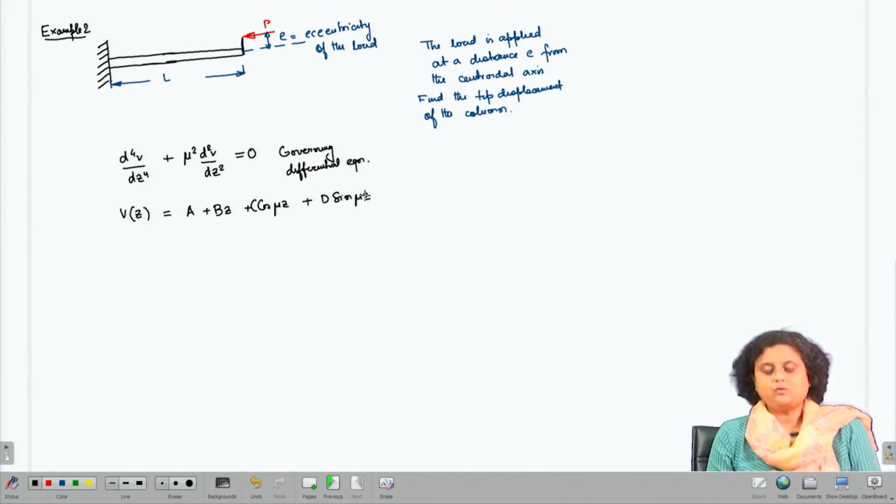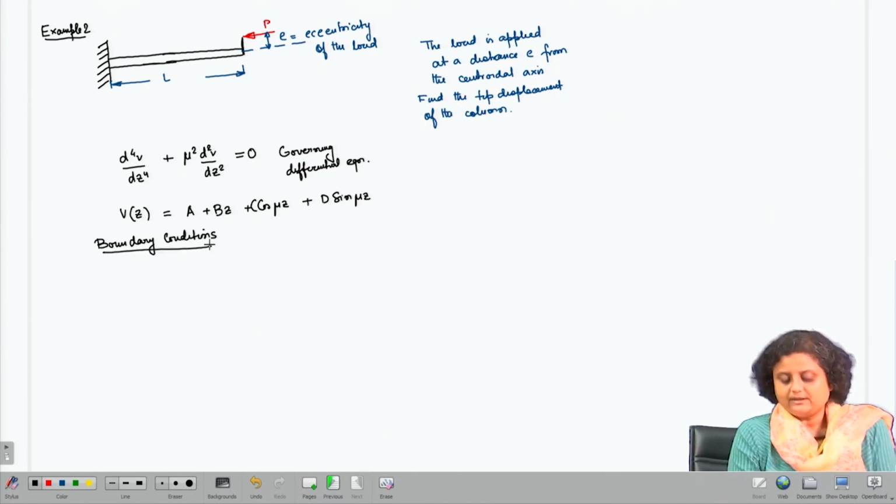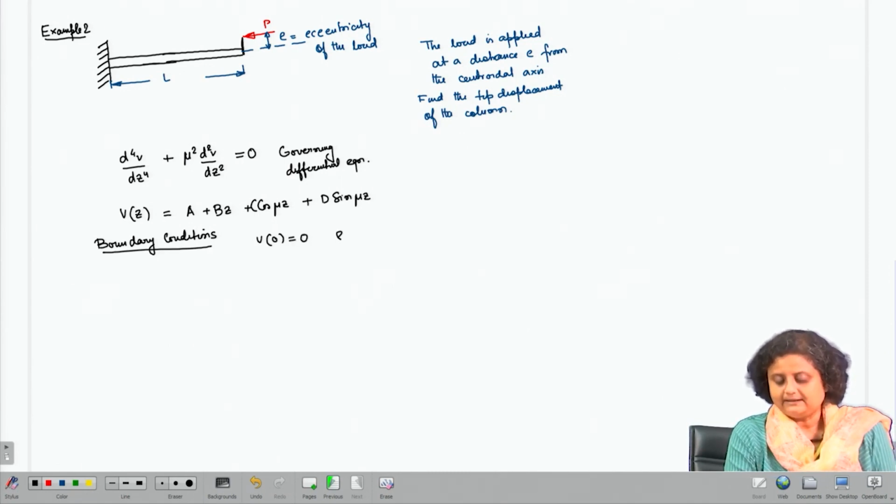Now, what are the boundary conditions here? The boundary conditions are going to change because of the eccentricity. If we write down the boundary conditions, V(0) is equal to 0 and dV by dz at z equals 0 is 0.